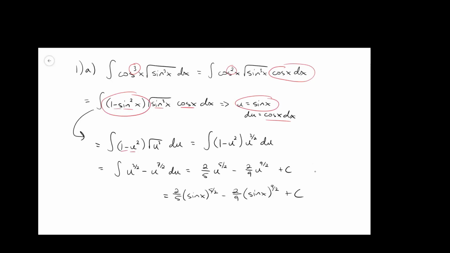And then just got power rule stuff from there. Got to write these as fractional exponents, distribute, and remember that when you distribute like that, you have to add the exponents. 2 plus 3/2 is 7/2. And then just power rule and then substitute it back in.